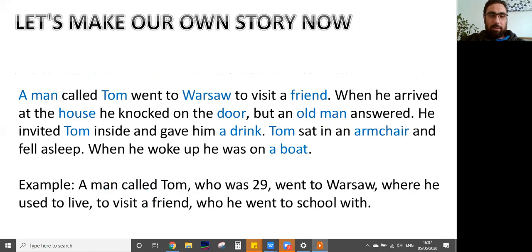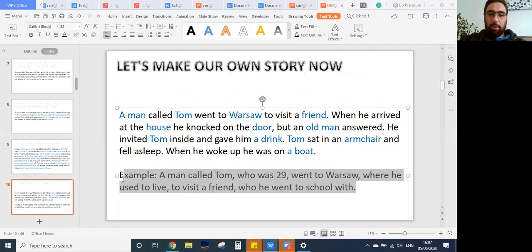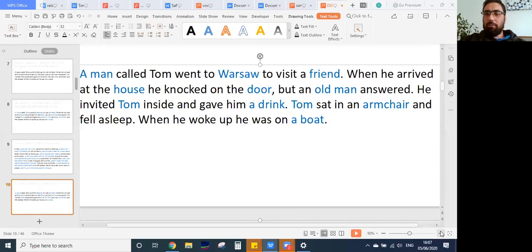Let me go to the next page, and let's see what we can come up with. Okay, so we don't have to do all of them. I'll make some of them black. What I want you to do is give me some information that I'm going to add. Okay, so we have a man.